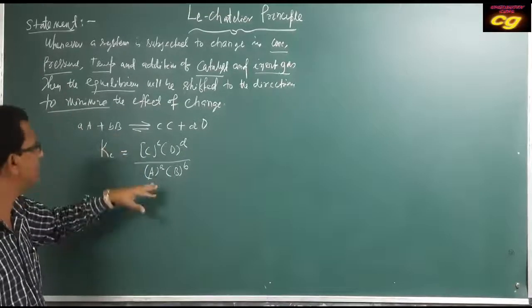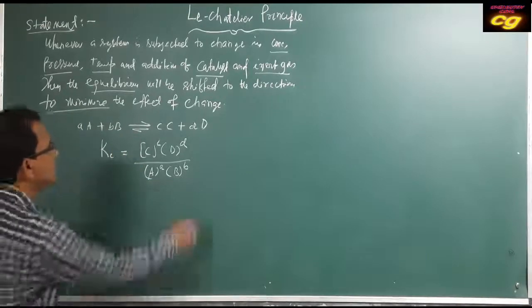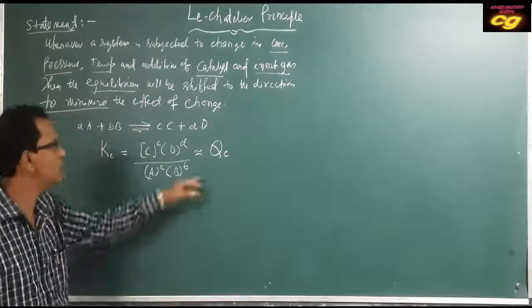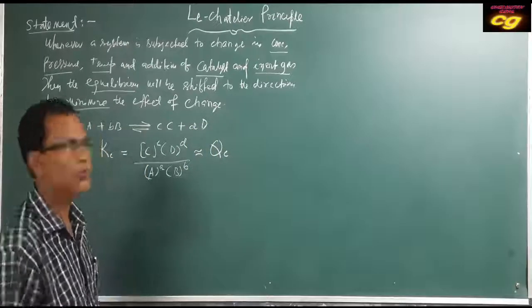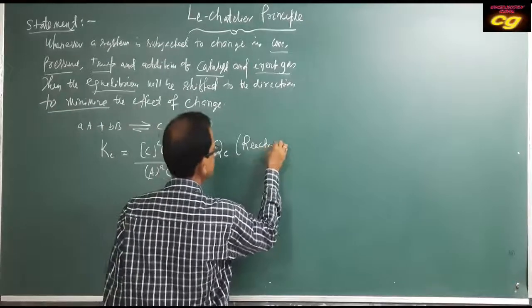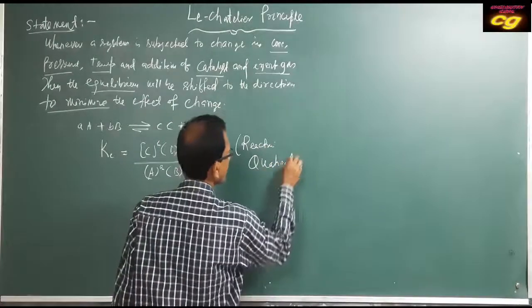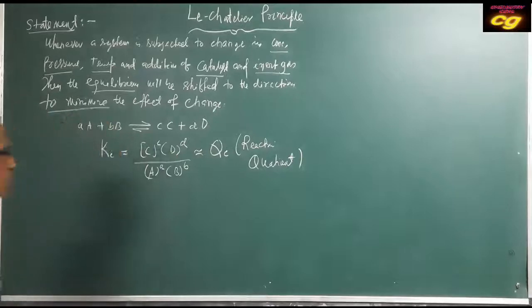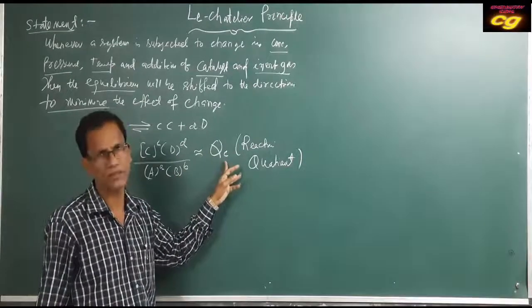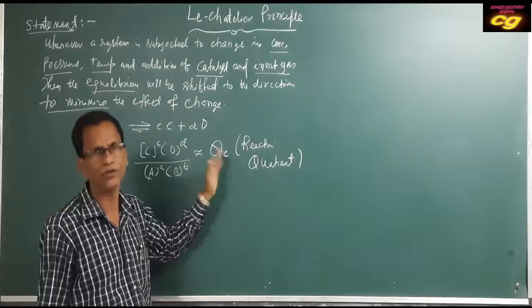at the same time the change that is observed is called Qc. What is Qc? Qc is called the reaction quotient. It is continuously changing. It can be changed by changing temperature, pressure and concentration.